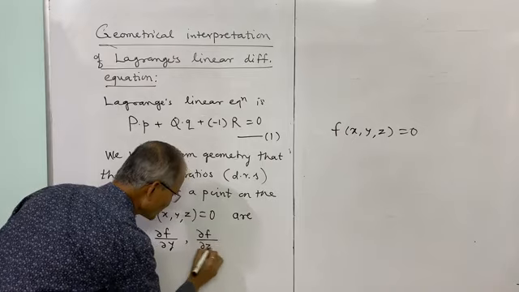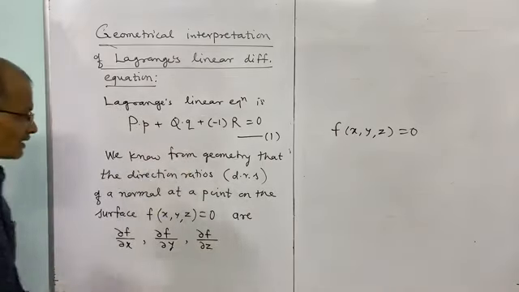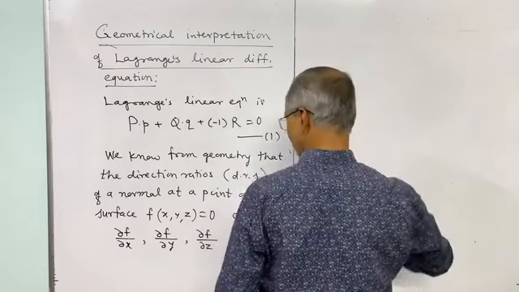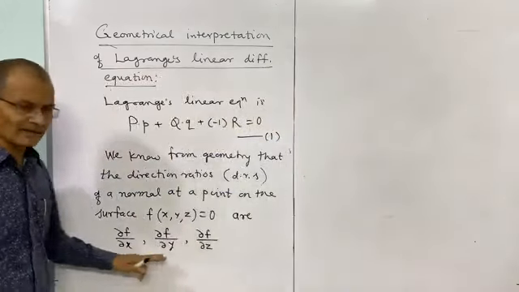Partial derivatives of f with respect to x, y, z. These are the DRS. Now these are ratios, so therefore we can write in alternative form.